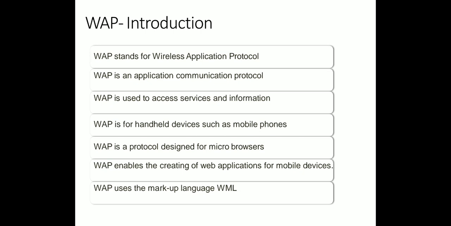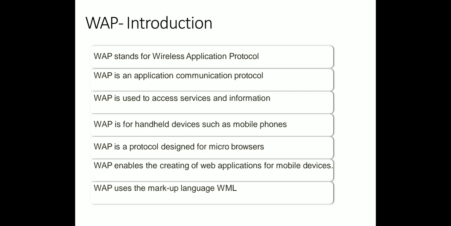The WAP protocol is the leading standard for information services on wireless terminals like digital mobile phones. It is based on internet standards like HTML, XML, TCP and IP.